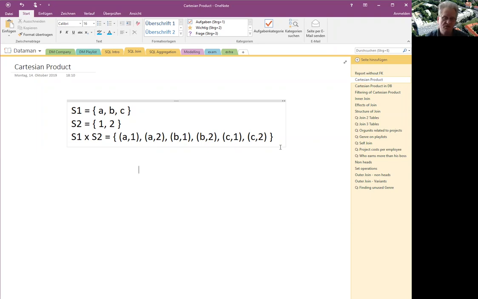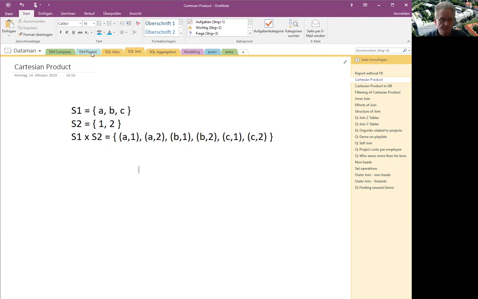And that's all the combinations. And now you get an entity here, S1 cross S2, that contains the information of both sets. And this is also the idea behind combining information from different tables.